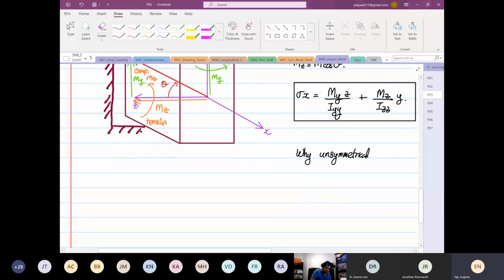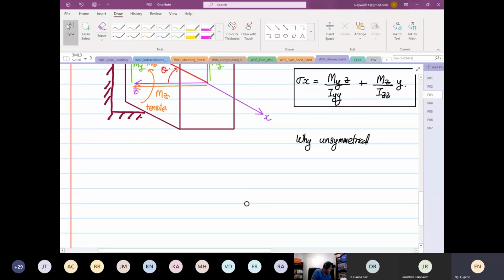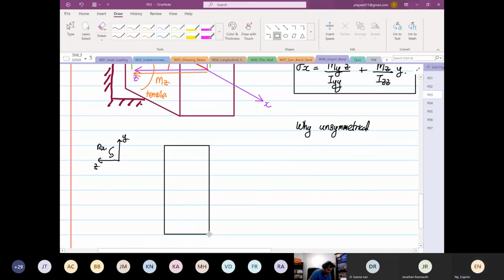Okay, so I'm going to draw our beam in the view. So now this is my y. This will be my z. Rotation about x. Okay. So this is our view, right?